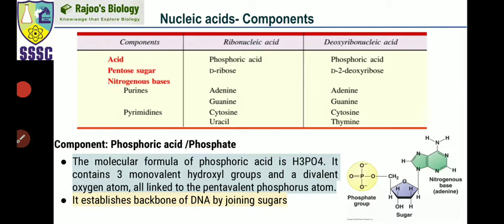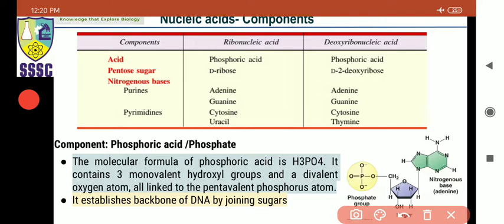So the first component for the discussion is phosphate. This is phosphoric acid or phosphate. Phosphoric acid has 3 OH groups, H3PO4 is its molecular formula. You can see there are 4 oxygens, and the oxygens are filled with hydrogen.